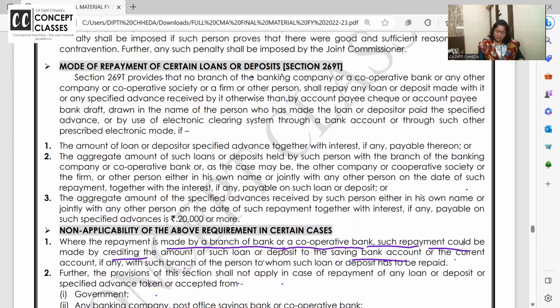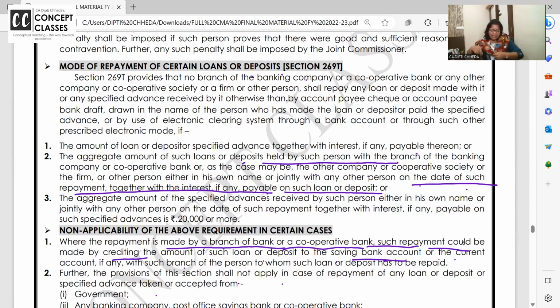The amount of loan or deposit together with interest, if any, payable thereon, the aggregate amount of the loan held by such person, maybe with a bank or cooperative bank or other company, jointly or single, on the date of such repayment, together with interest if any payable on such loan.